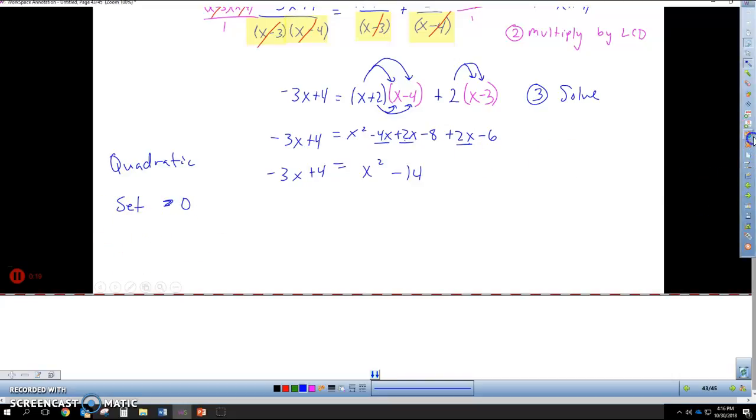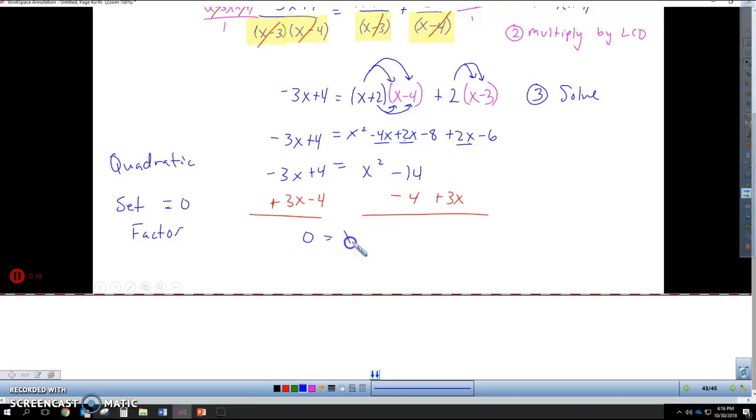Then I'll add 3x and I'll subtract 4. And what I get is 0 is equal to x squared plus 3x minus 18.